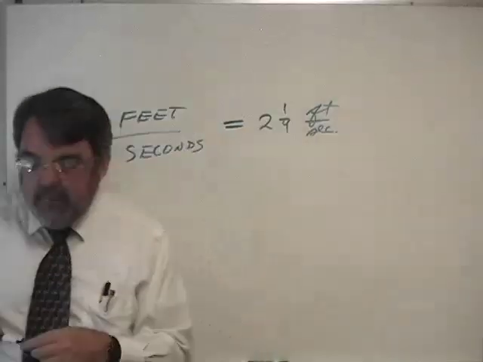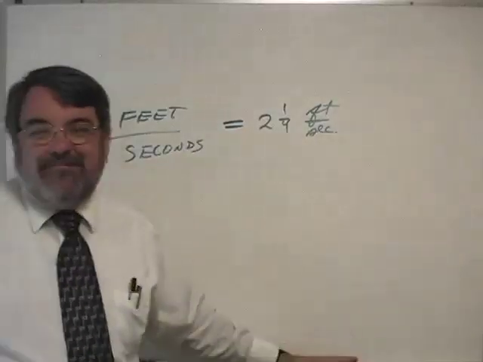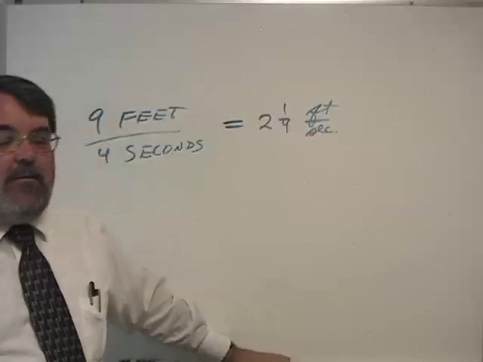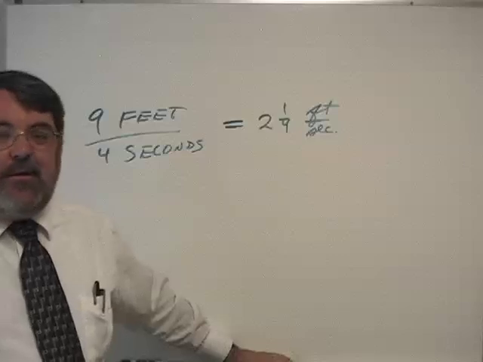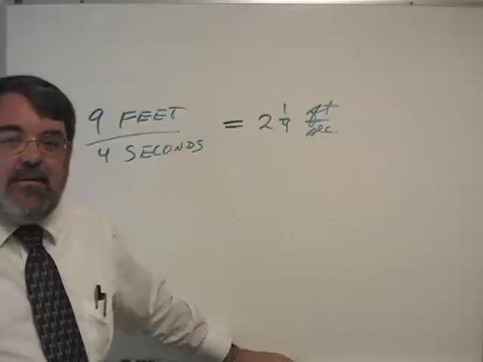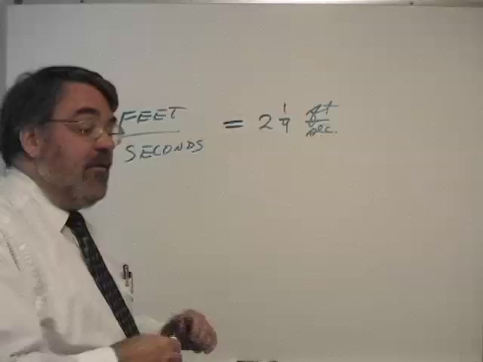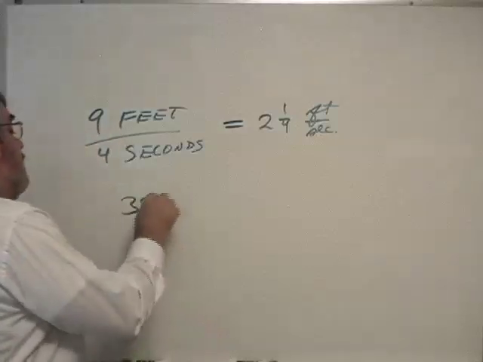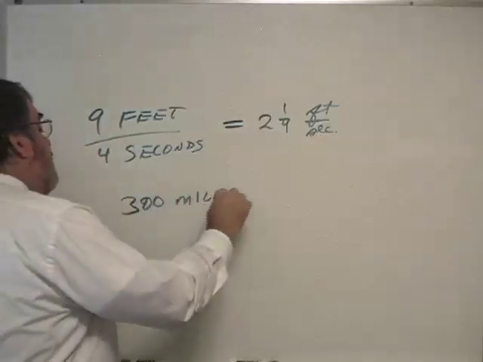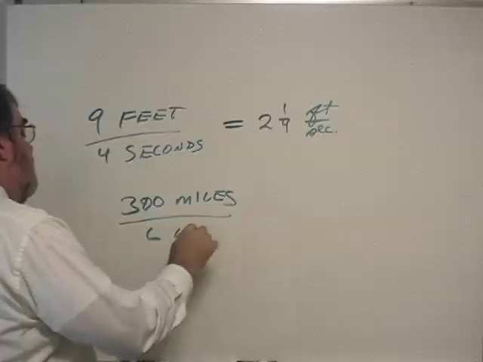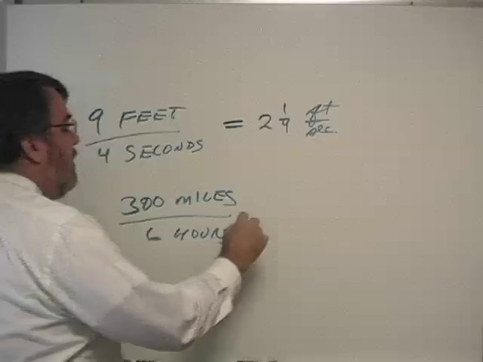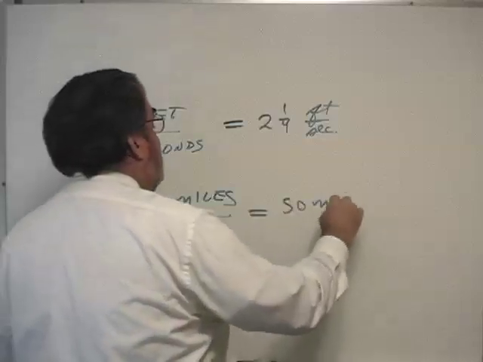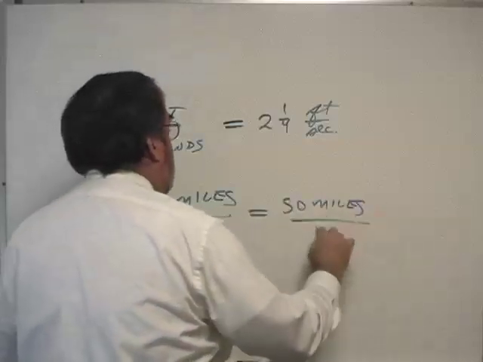All right, so does that sound like a measurement of speed to you? If you drove 300 miles in 6 hours, how fast were you going? 300 miles in 6 hours, you divide this, you get 50 miles per hour.